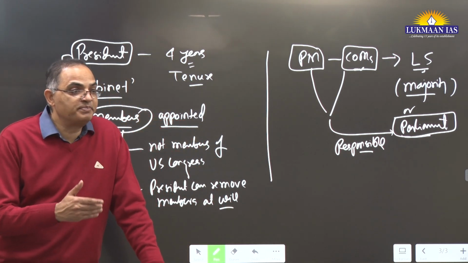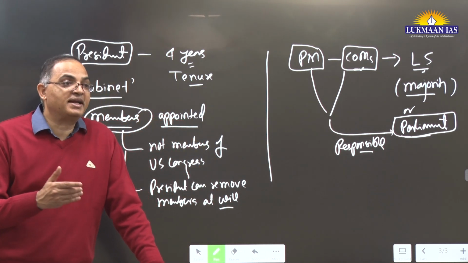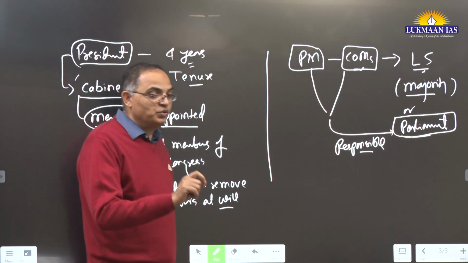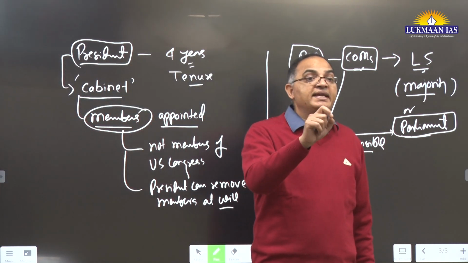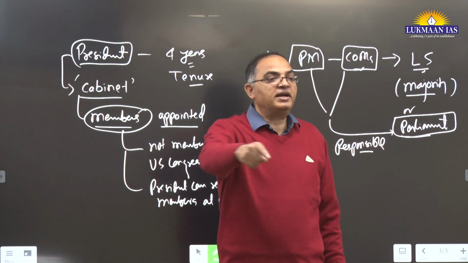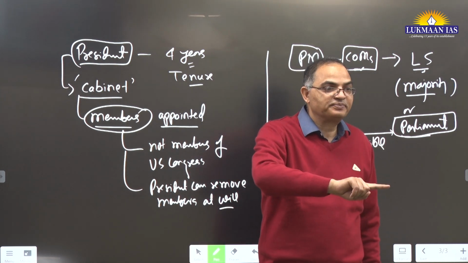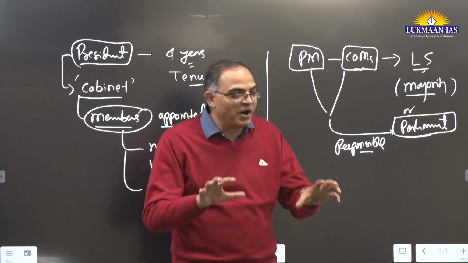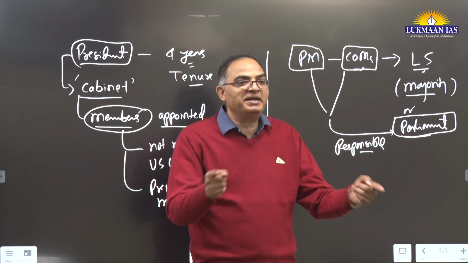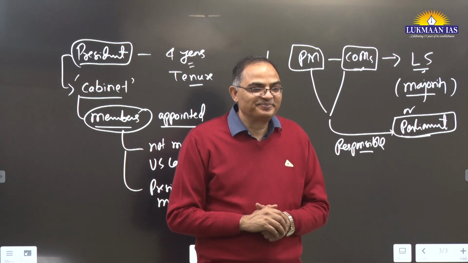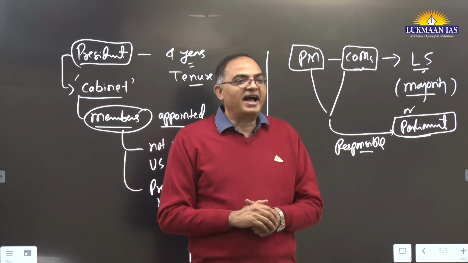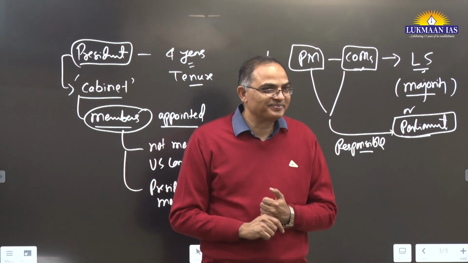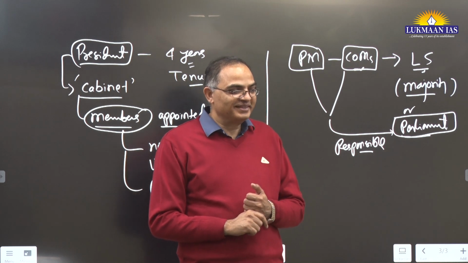This advantage we realized later: the president in the US can select the best brain in the market in all different areas. But in parliamentary democracy, you are bound by the members who have been elected. Right? And many a time elected members are not the best brain.